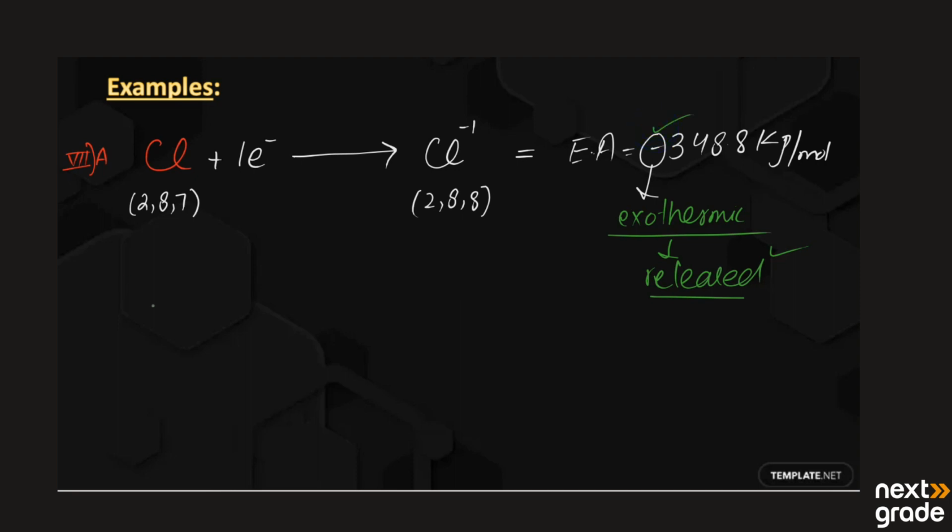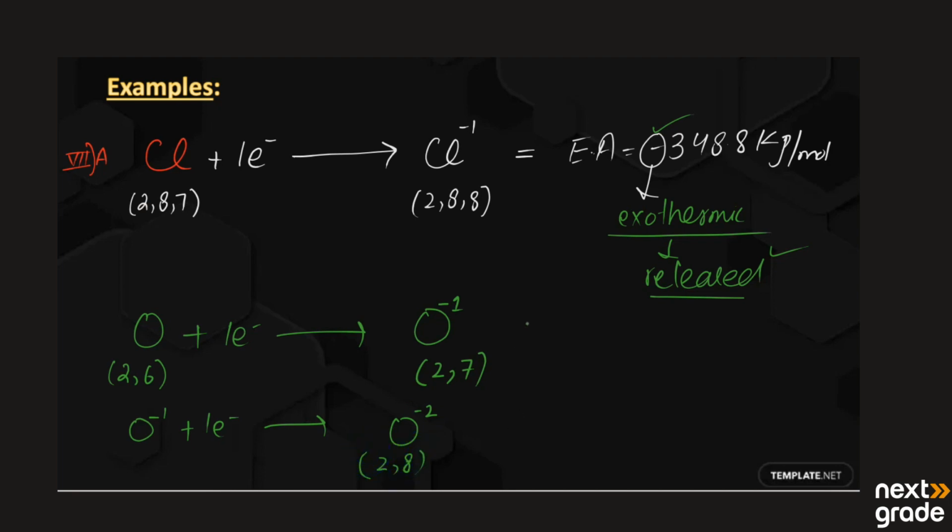Another example is oxygen. We are going to add one electron, so we get oxygen -1. Before, its electronic configuration is 2, 6. After the addition of one electron, its electronic configuration will be 2, 7. But to get stability, it needs 2, 8. So after the addition of one more electron, the oxygen will become oxygen -2, and its electronic configuration will be 2, 8.